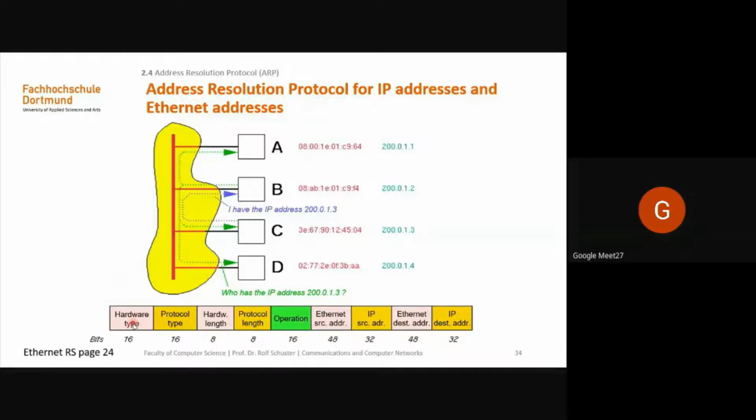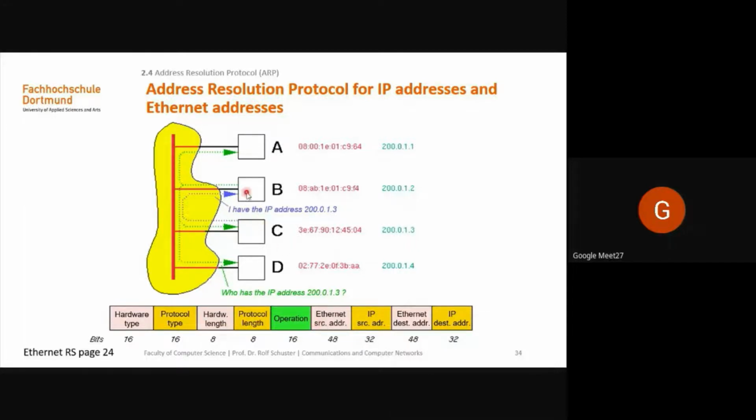This field specifies that it is a MAC protocol, for instance, a MAC protocol in layer 2 and IP protocol in layer 3. The hardware length is 6 octets in this case, and the protocol length here is 4 octets in this case of the association between MAC addresses and IP addresses.